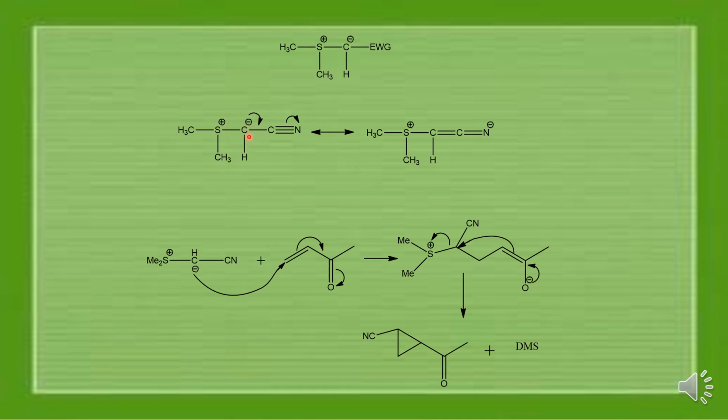Since it is a soft base, when it is treated with an alpha beta unsaturated carbonyl compound, it reacts with the beta carbon, which is a soft acid. So this stabilized sulfur ylide reacts with the beta carbon of the alpha beta unsaturated carbonyl compound as shown in this reaction, leading to the formation of a cyclopropane derivative and not an epoxide.